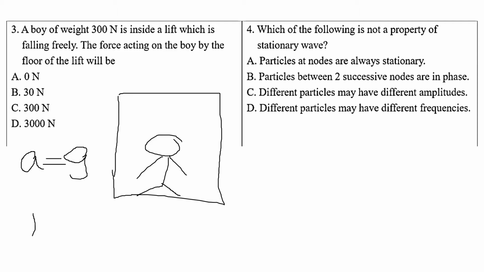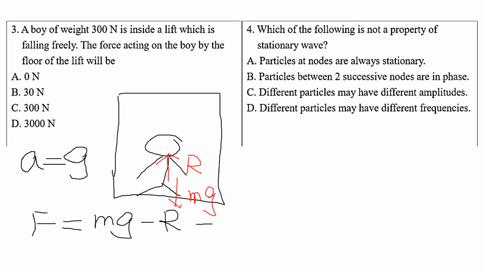The net force equals the weight minus the normal reaction of the lift. There are two forces acting on this ball. The first one is the normal reaction, the second one is mg. However, we know that F equals ma, right?